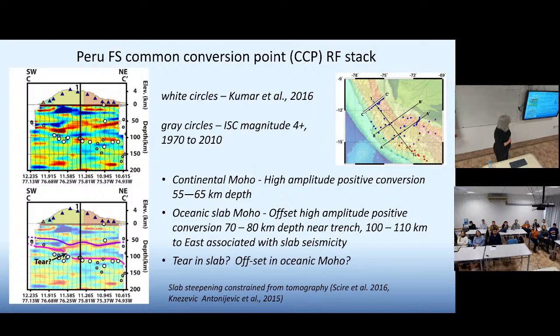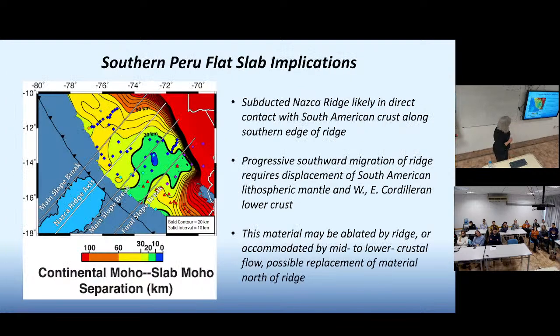The continental Moho, right where the ridge is coming in, is 55 kilometers thick. Let me show you a map and explain this a minute. Here's the Nazca Ridge coming in. It's the separation between the continental Moho and the slab Moho.